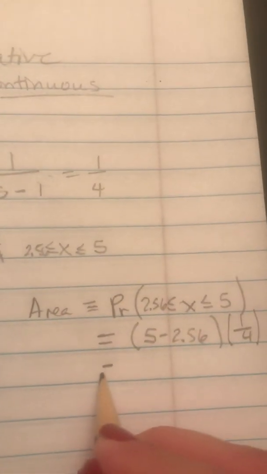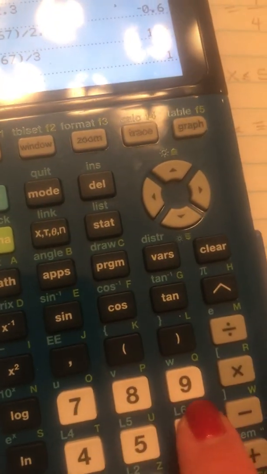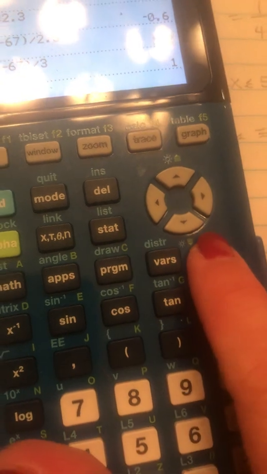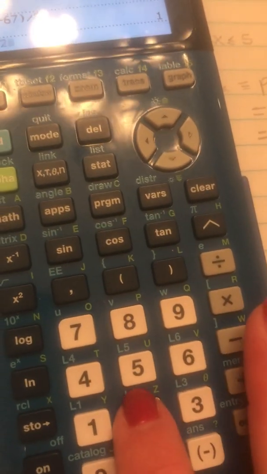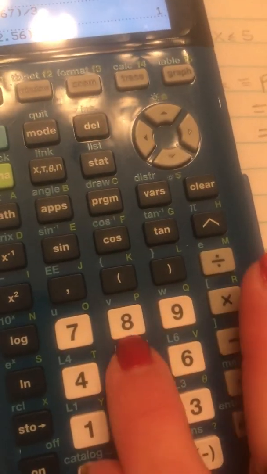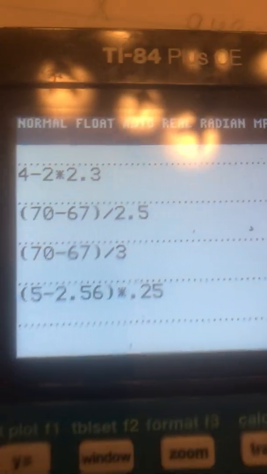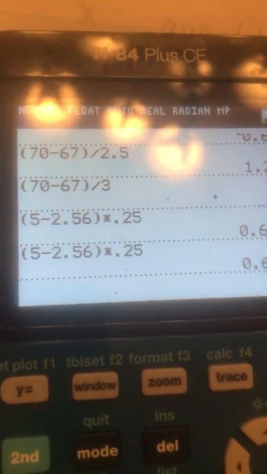So I'll multiply those two quantities together: 5 minus 2.56 times 0.25. And I get 0.61.